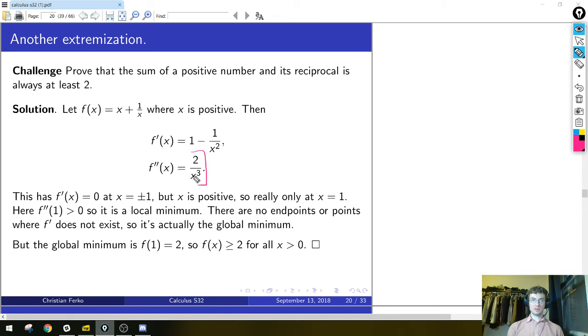So if this thing is positive at x equals 1, it must be a local minimum, and there are no points of type 2 or of type 3, no endpoints or no points where the derivative is undefined, so it must be the global minimum. So indeed, if you add any positive number and its reciprocal, you are guaranteed to always get something at least 2. Good.